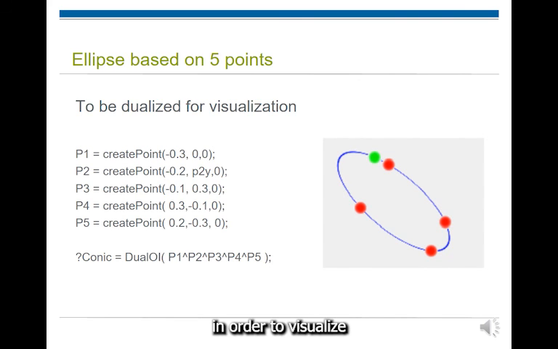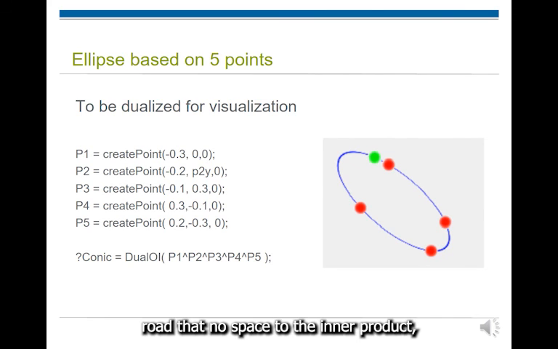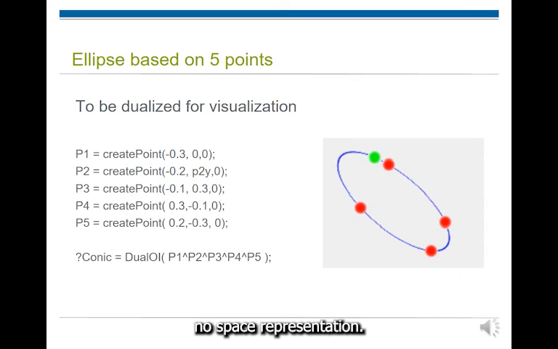In order to visualize this ellipse, we have to dualize, and in this algebra we have 2 operations for dualization, depending on whether we would like to dualize from the outer product null space to the inner product null space, or vice versa. In this example, the outer product of the 5 points is the outer product null space representation, and this is why we need the function dual OI for OPNS to IPNS in order to visualize this conic.